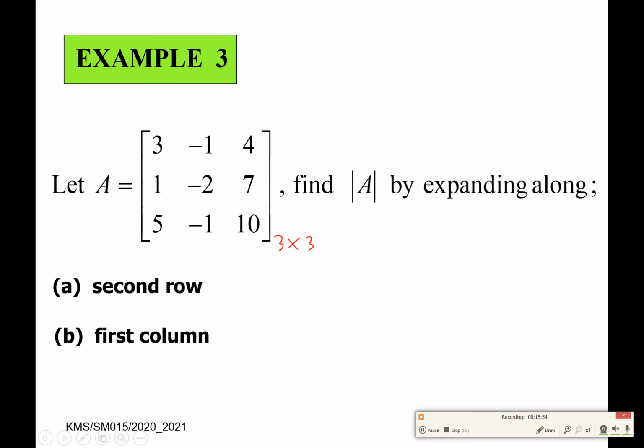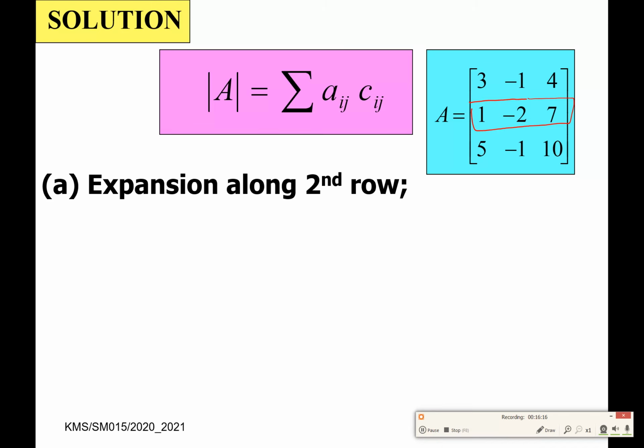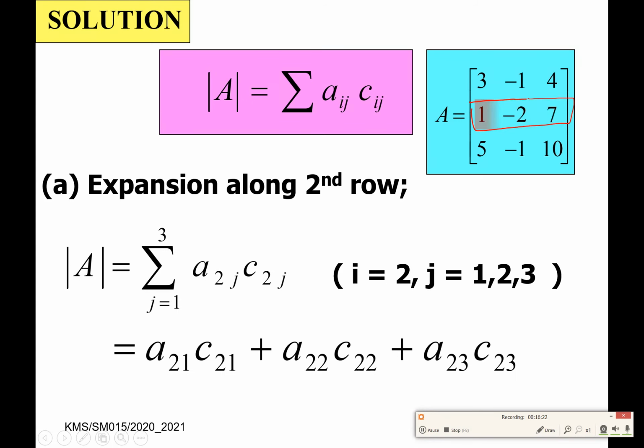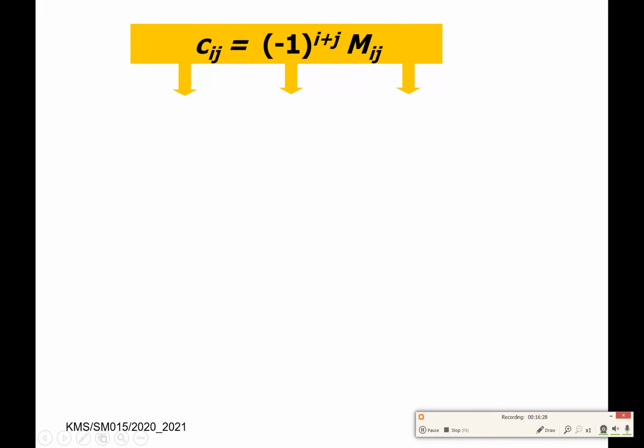by expansion along second row. So where the second row is? So second row is this. Okay, so this is our second row. 1, -2, 7. Okay, is this by using the formula. Okay, this is just for the knowledge, but the most important part is this part.